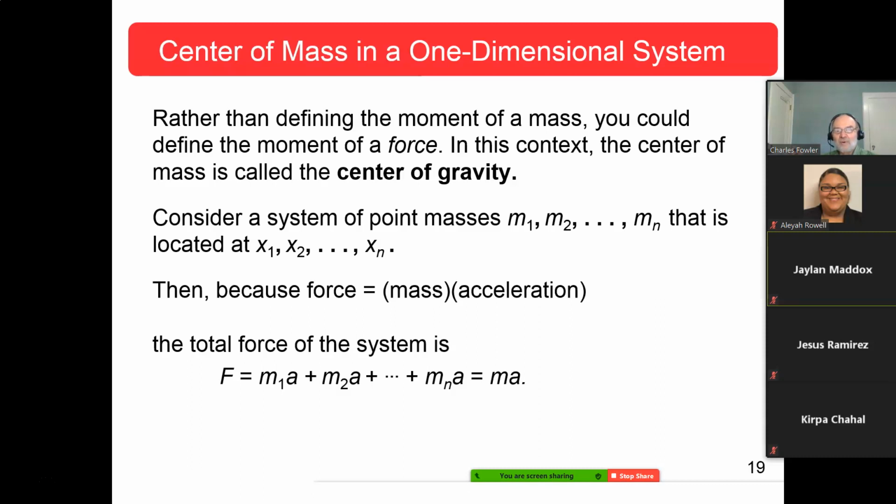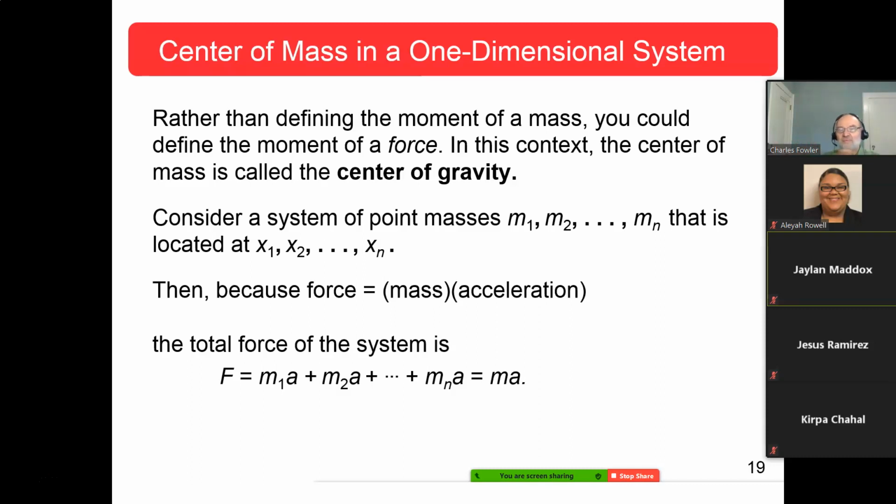system of point masses m1, m2, m3, all the way up to m sub n, that is located at x1, x2, x3 all the way up to x sub n. Then because the force, which is mass times acceleration of the system, the total force on the system would be capital F, total force is m1 times your acceleration.